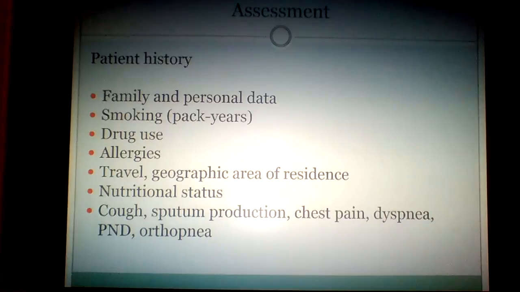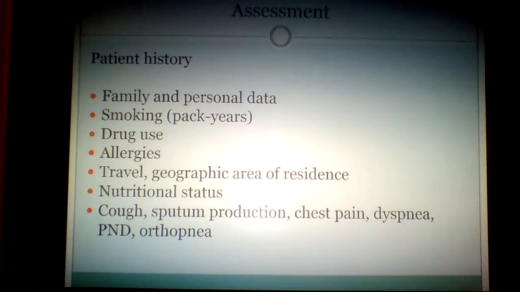Sometimes as I am trying to put these lectures together really quick for you guys, I forget and put in acronyms and all kind of stuff like here. So here we go. PND is paroxysmal nocturnal dyspnea. And that's that sudden onset of difficulty breathing that happens at night and wakes you up.